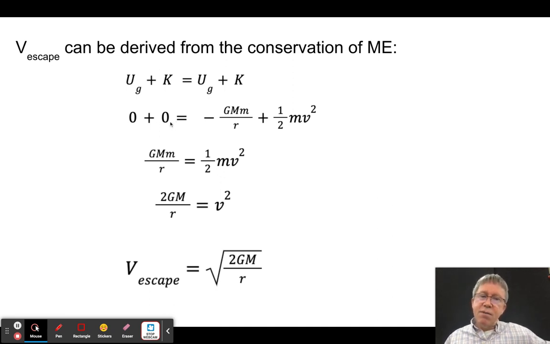As that object moves towards the planet, this is how much gravitational potential energy you have upon reaching the planet, and this is how much kinetic energy you would have upon reaching the planet. Because this is negative, I can put them equal to each other, and solve that for v, and I get escape velocity. So escape velocity is equal to the square root of 2GM over r.